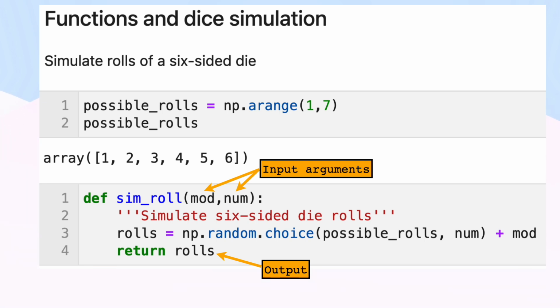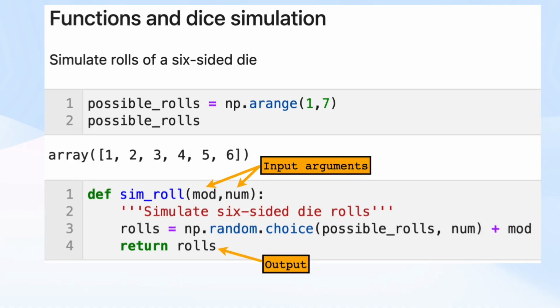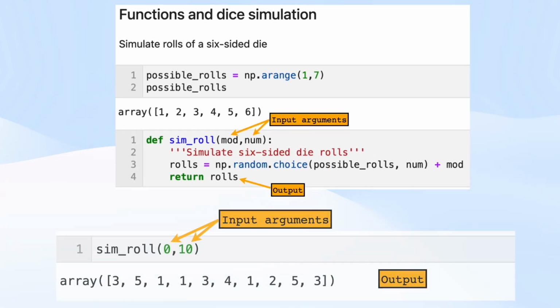And what does it return? It returns what we want the function to output, which is rolls. Now we can see further how this process works. When we call the function, how do we call it? We simply type the name sim_roll, and we use input arguments in replacement of the mod and num from above.